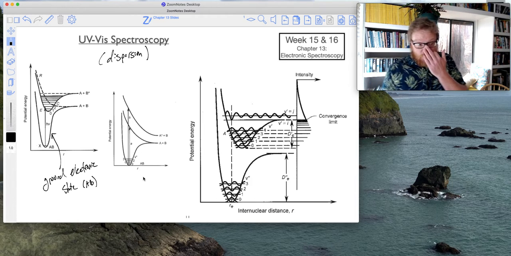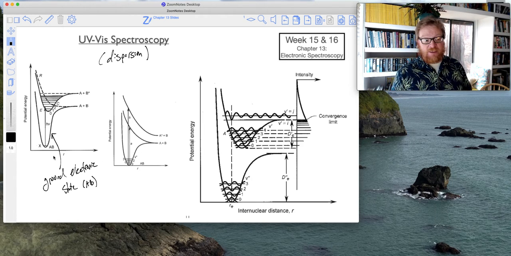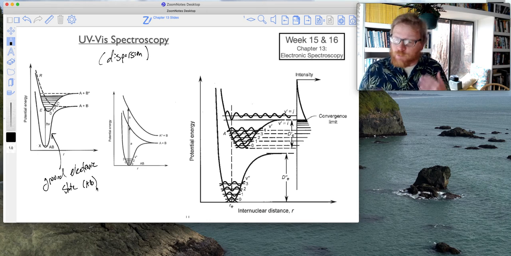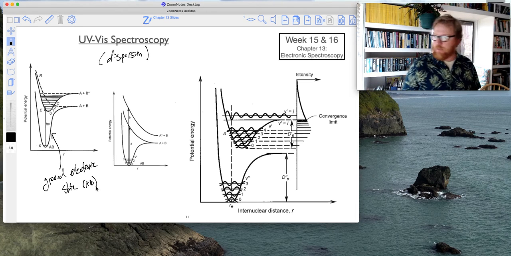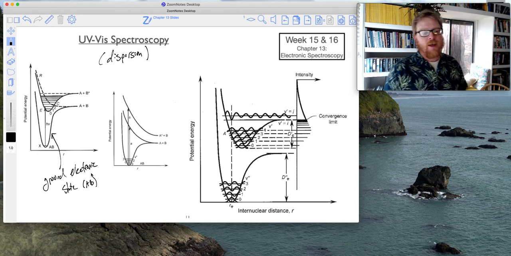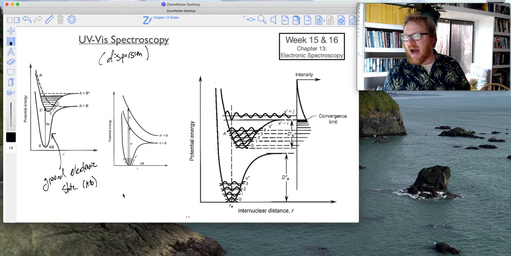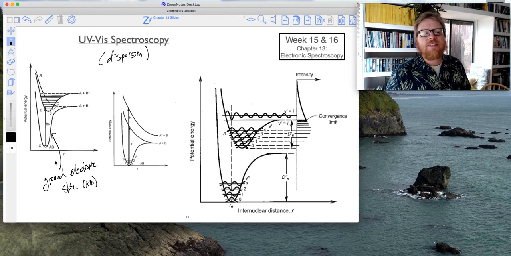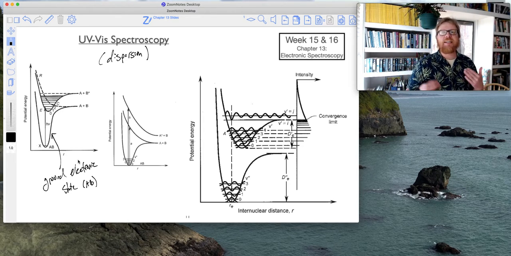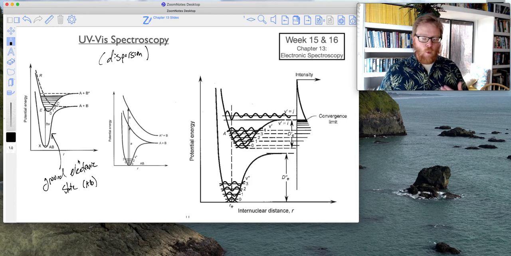Now, it's very easy for us to kind of recreate these types of potential energy diagrams for simple molecules, right? For larger, more complicated molecules, maybe a protein or maybe some type of highly conjugated dye molecule, we can still use this same idea, this potential energy well.